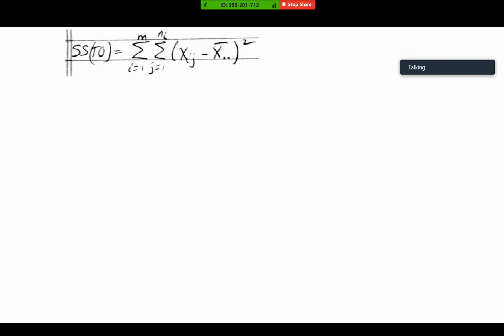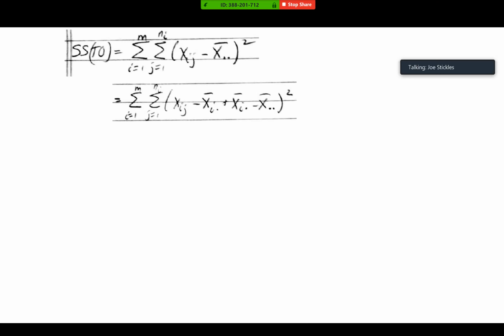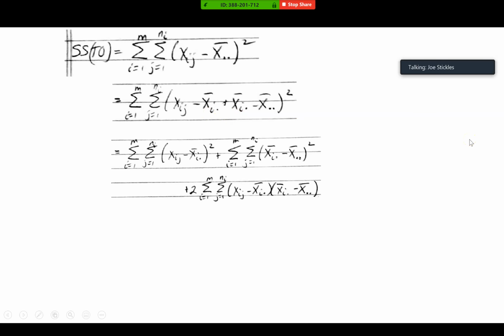All right. So let's break apart this total sum of squares. So the total sum of squares from the previous slide is this piece. I'm going to add and subtract in the individual sample means and square and FOIL, if you will. All right, so in the first piece, this is your SSE.